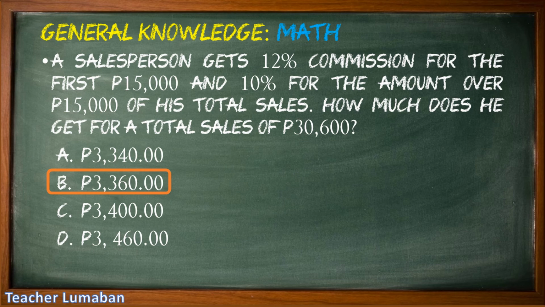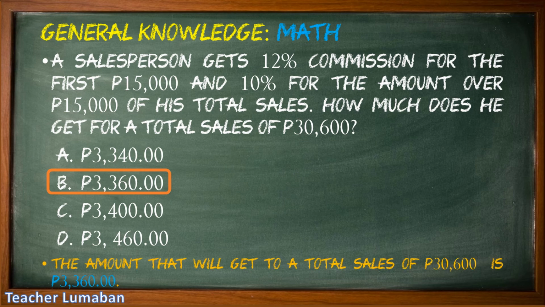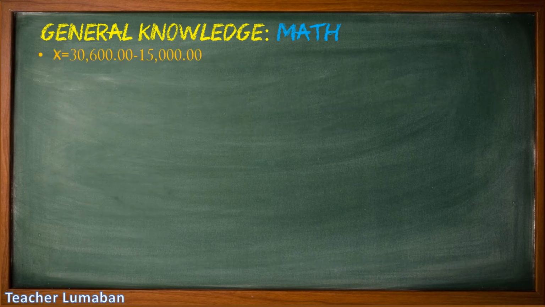3,360 pesos. The amount he will get for a total sales of 30,600 pesos is 3,360 pesos. X equals 30,600 minus 15,000. 15,600 equals 30,600 minus 15,000.